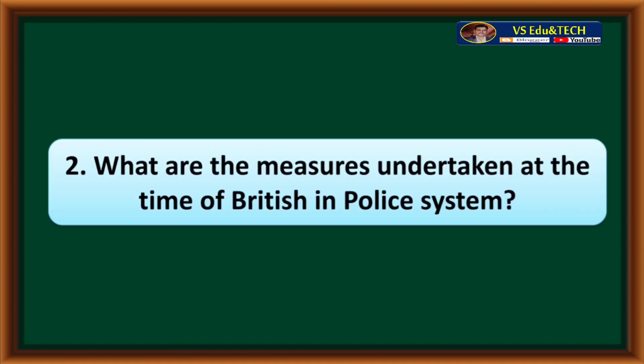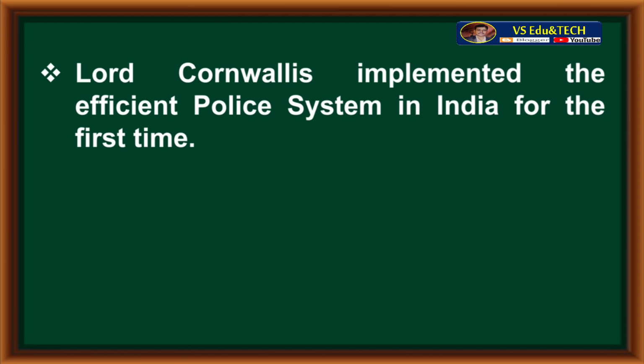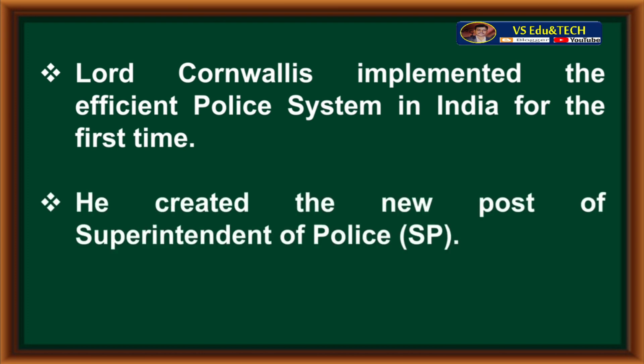What are the measures undertaken at the time of British in police system? Lord Cornwallis implemented the efficient police system in India for the first time. He created the new post of Superintendent of Police, SP.